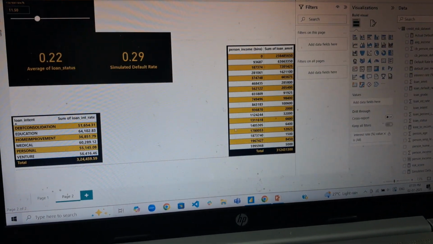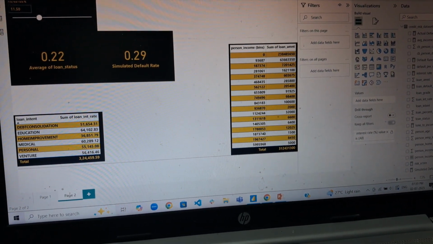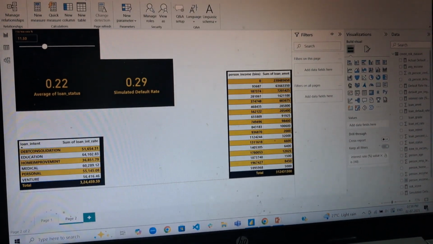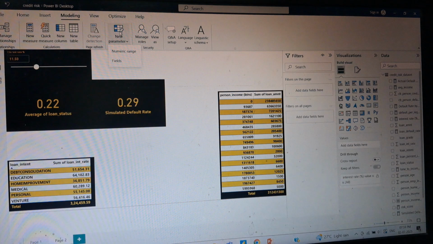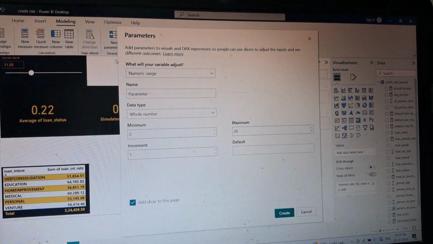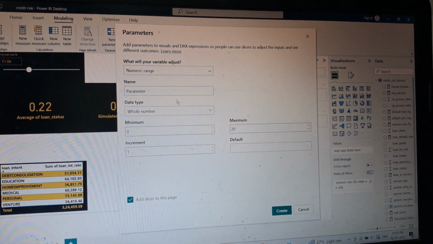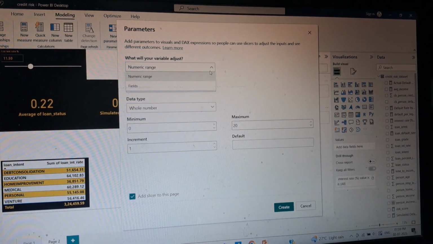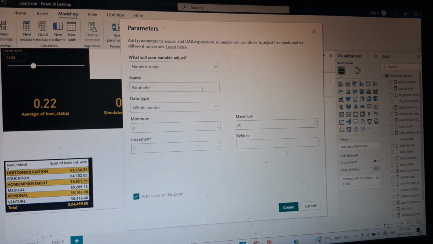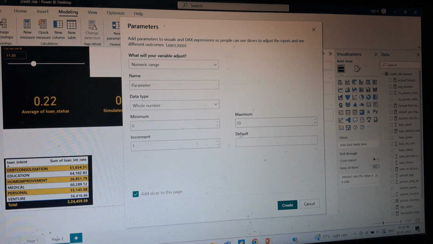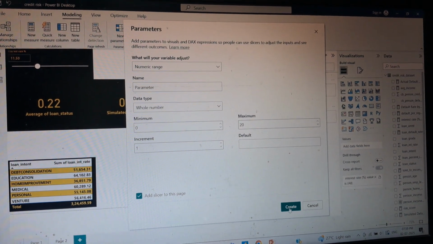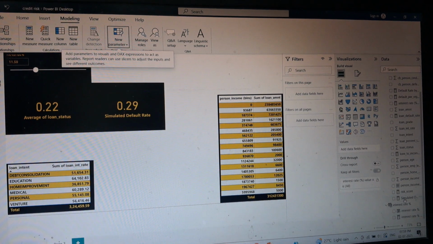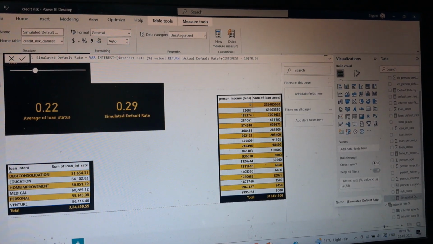First I'll show how to do the what-if analysis. We go to modeling, then new parameter, and for this numeric range we give, according to our variable, the whole number, minimum and maximum rate. We create the table for that, and then calculate the simulated default rate.